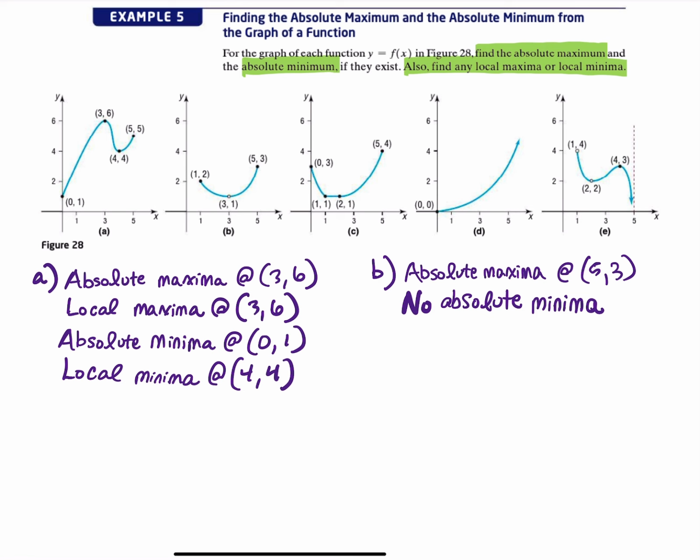All right, let's look at part C. Put it down here. So what would I say? Let's think first about absolute. It looks like at the edge again, that'll be our absolute maxima.